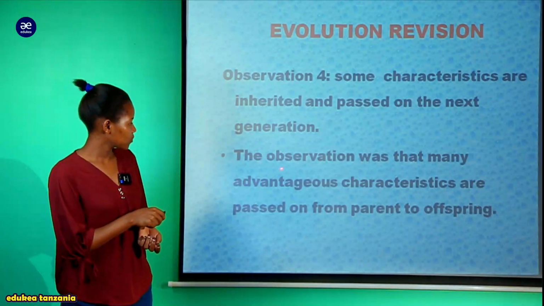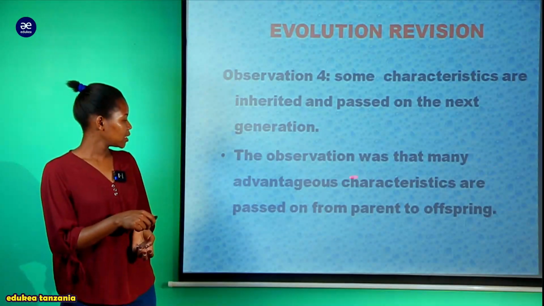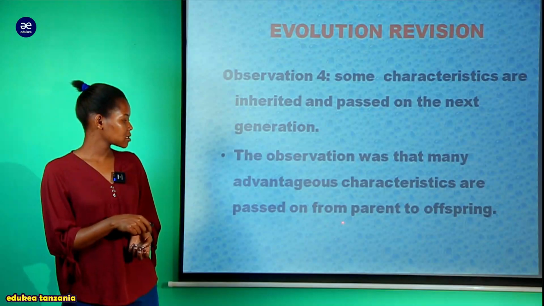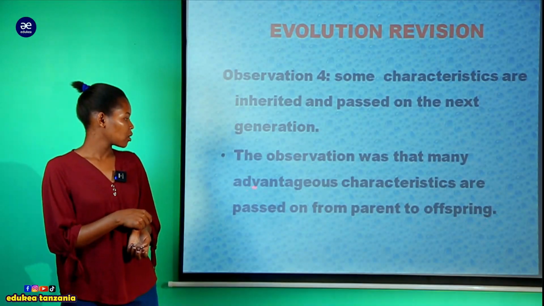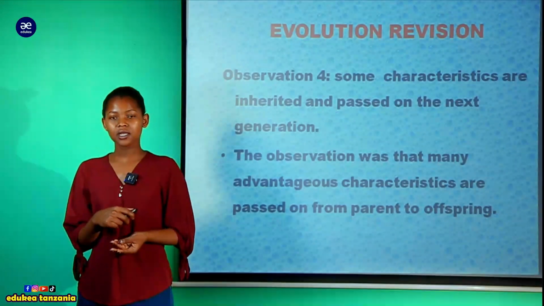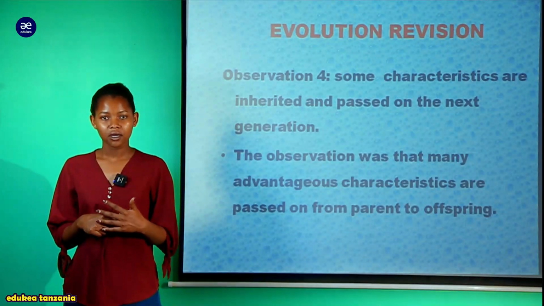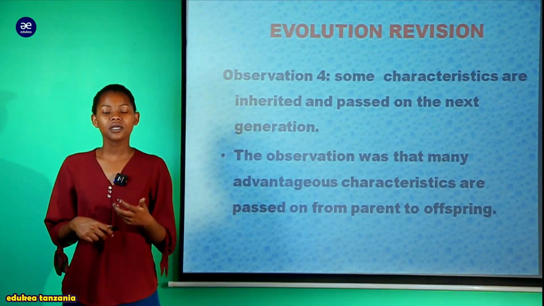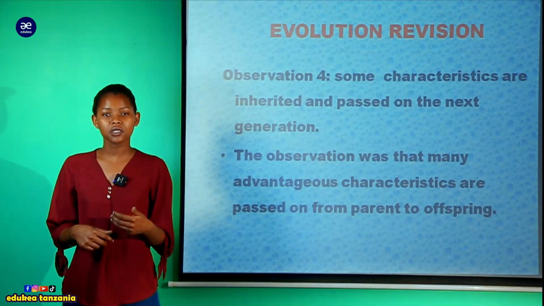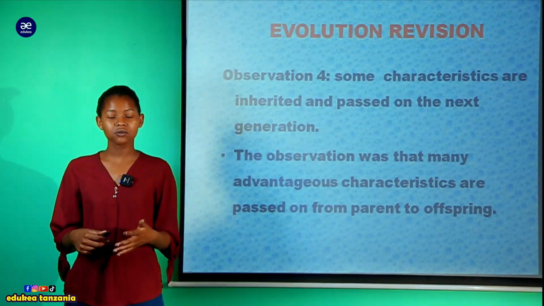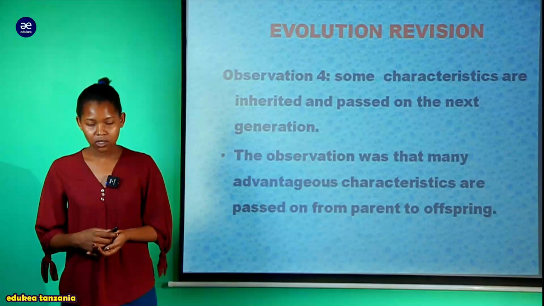And then you can see the observation was that many advantageous characteristics are passed on from parent to offspring. Consider the word advantageous. Many advantageous characteristics of the organisms zilikuwa ni capable to be passed from generation to generation or from parents to offspring. And that is all about that.